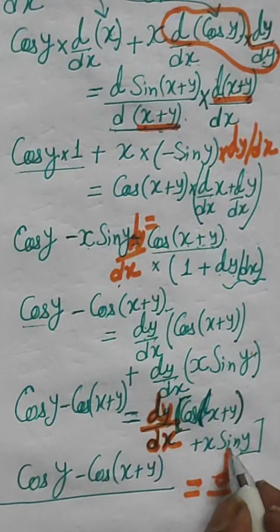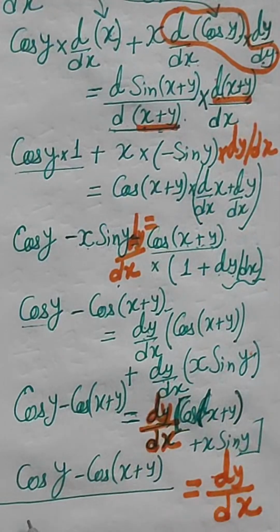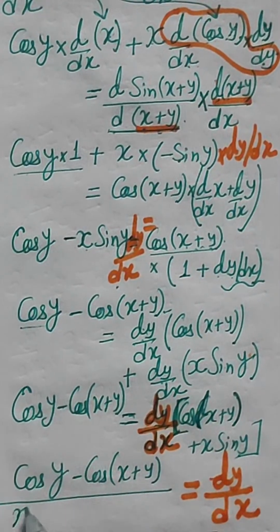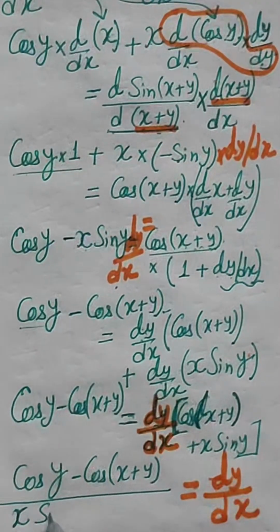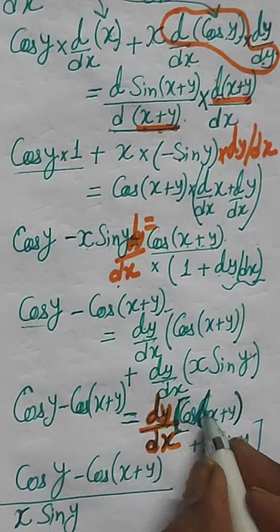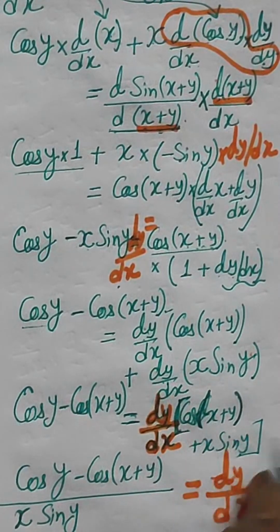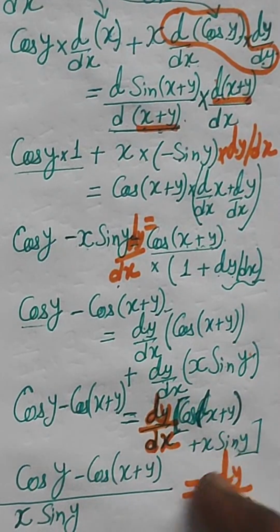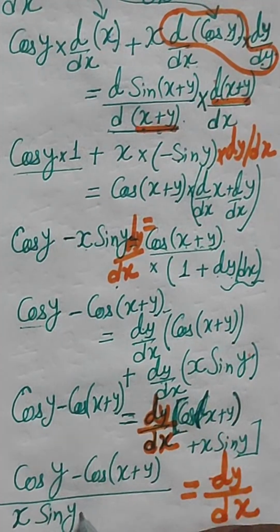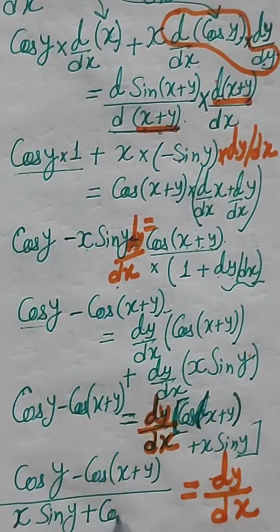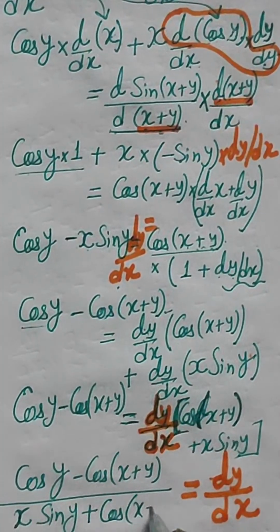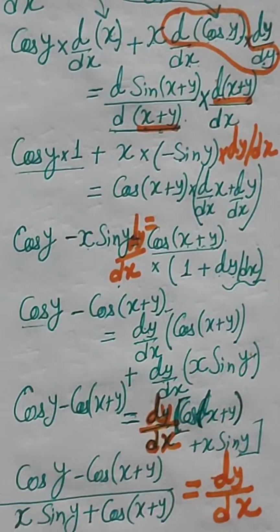So just write the y term first, just to make similar terms together like that. So x sin y was the second term, so I'm writing it first. That's it. So don't get confused that I'm inserting something else. Plus cos (x plus y).